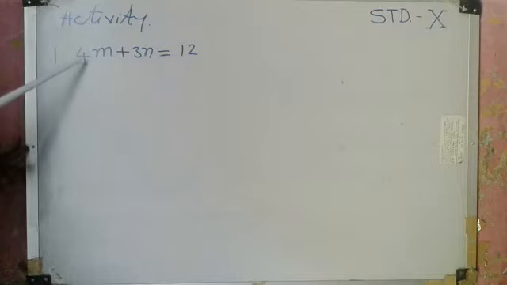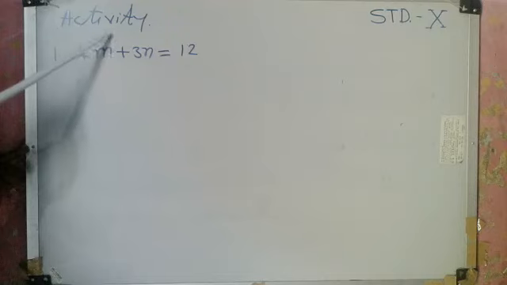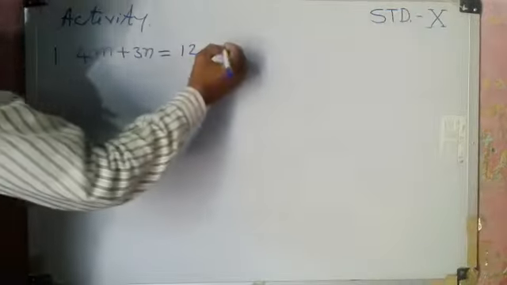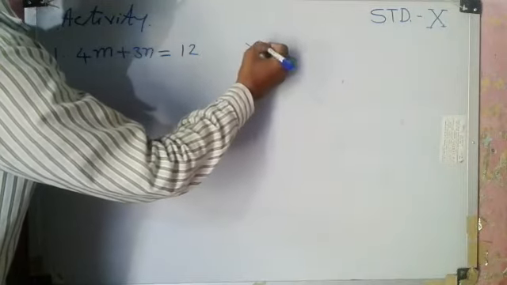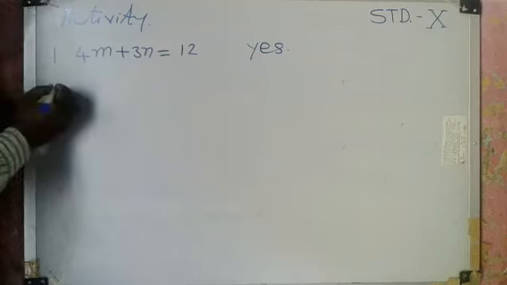And also 4 and 3 are not equal to 0. And here variables are m and n. The degree of m is 1 and degree of n is also 1. So therefore we can say that this equation is linear equation in two variables. So answer is yes.